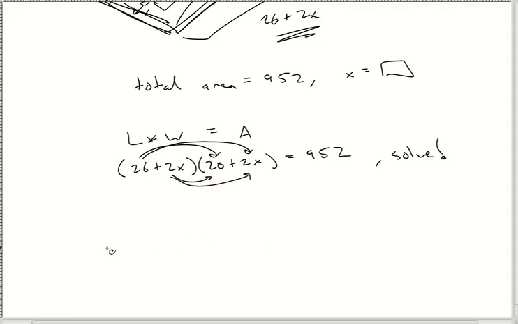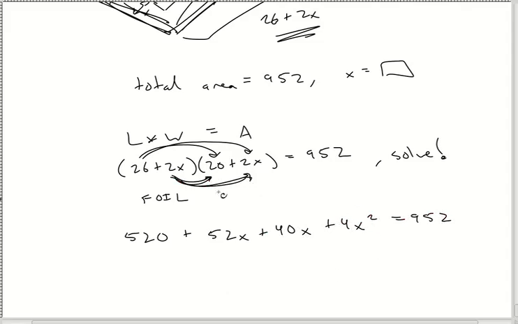But I'm going to FOIL this thing out here. I keep saying FOIL. Distribute. Some people don't like FOIL, but whatever. So 26 times 20, I got 520. 26 times 2x is 52x. 2x times 20 is 40x, and then 2x times 2x is 4x squared.